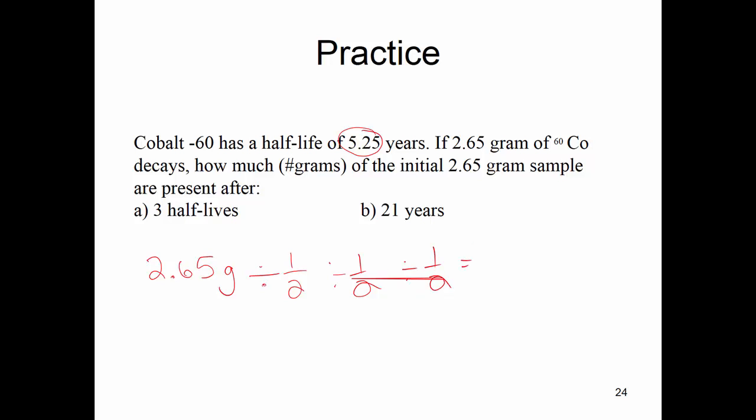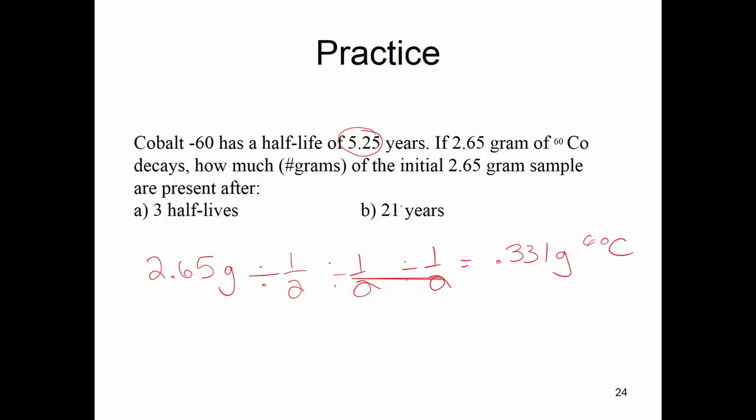Take 2.65 divided by 2, divided by 2, and divided by 2. Okay, so you're going to get 0.331 grams of cobalt-60 remaining.